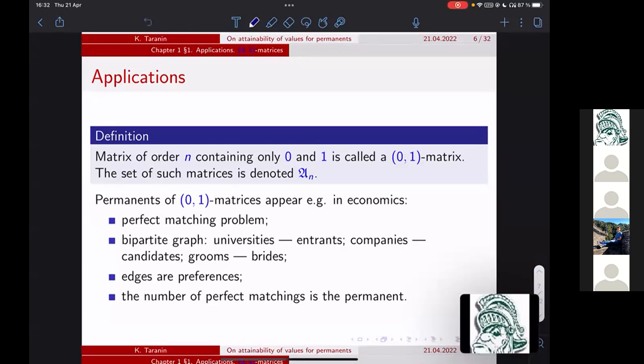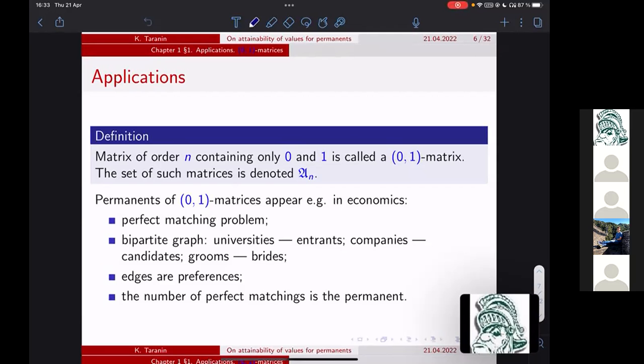For instance, we can consider the simplest case when the preferences are binary. So there is a preference that connects the company and the candidate when the candidate fits the company, and the candidate himself likes the company.